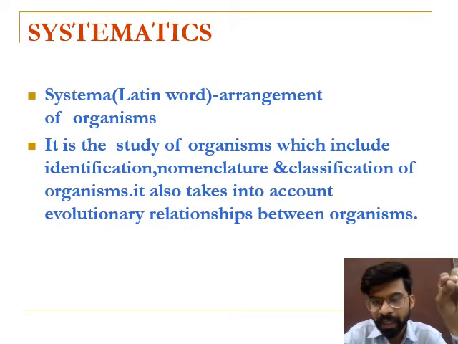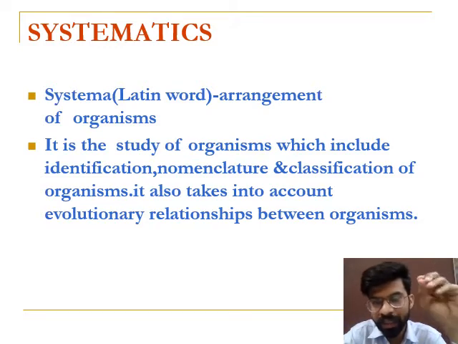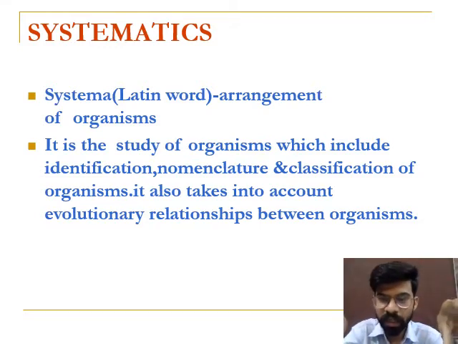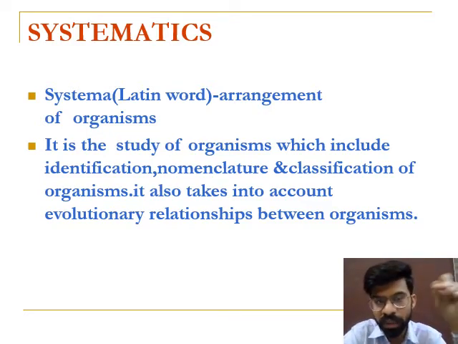Means in medical class there are the students who opt only for biology, in non-medical the students opt for maths as a subject, and in commerce the commerce subjects are used. So the different students are arranged according to a specific pattern. So systematic is also an arrangement of organisms.